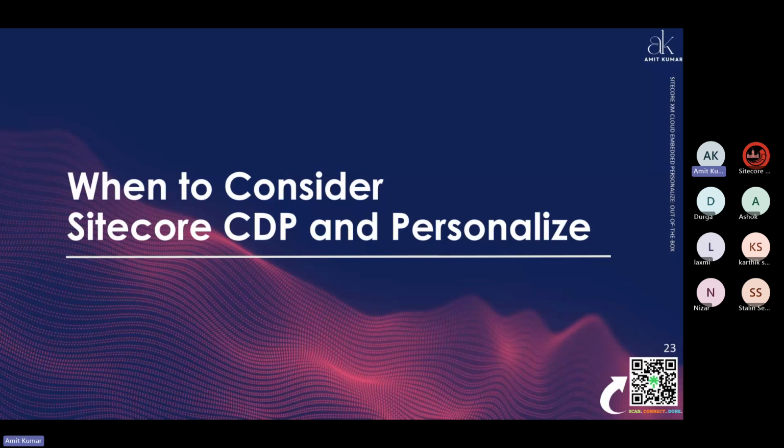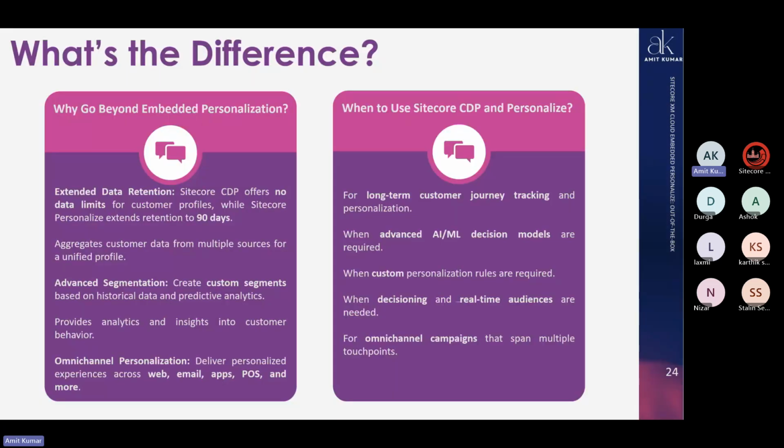When to consider Sitecore CDP and personalization. Suppose you have complex use cases, you need to build custom segmentation, as I was explaining, and you want to store data from different sources in your Sitecore CDP.